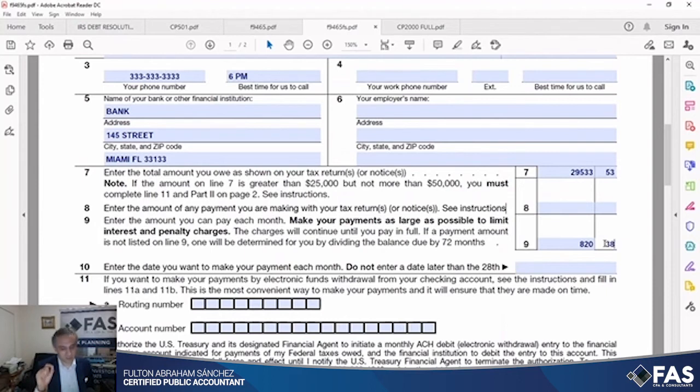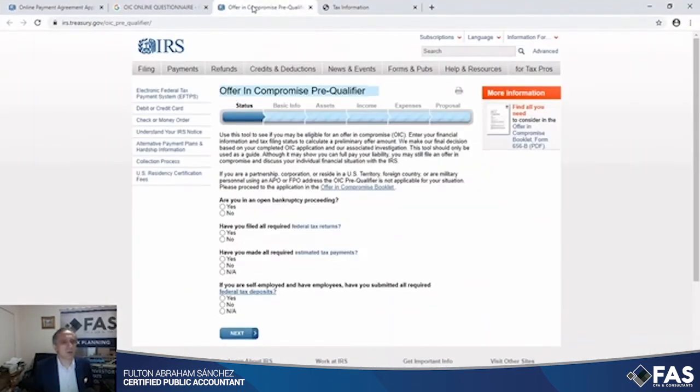That's why it's critical that if you are in that situation, if you are broke, unemployed, or in an economic calamity, and you do not have enough income to pay this debt, you think of an offer in compromise. But before doing the offer in compromise, you go through the offer in compromise pre-qualifier.